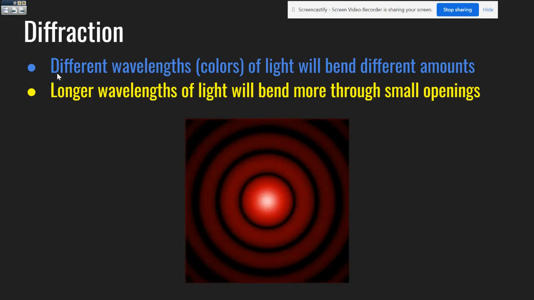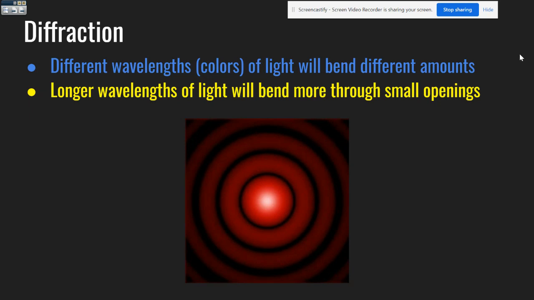With light, it's kind of cool because different wavelengths bend different amounts. That's why we can shine light through a prism and get a rainbow on a piece of paper, because the different wavelengths of light will bend different amounts. The longer wavelengths of light are going to bend more.